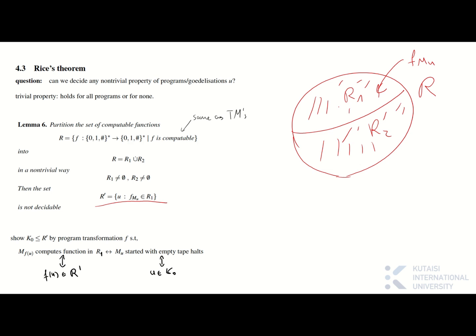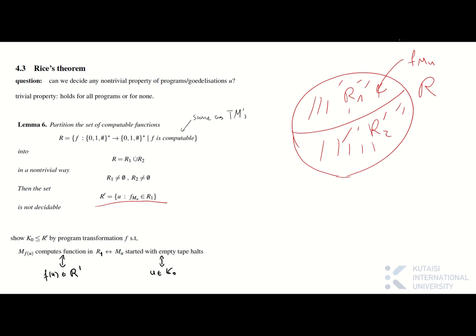then that is undecidable. So completely generally, if I just take all programs that take inputs and outputs, split them in two and look at one, and I ask you a question, okay, give me a program that decides for any single one of other programs, is it in R1 or R2, it's undecidable.